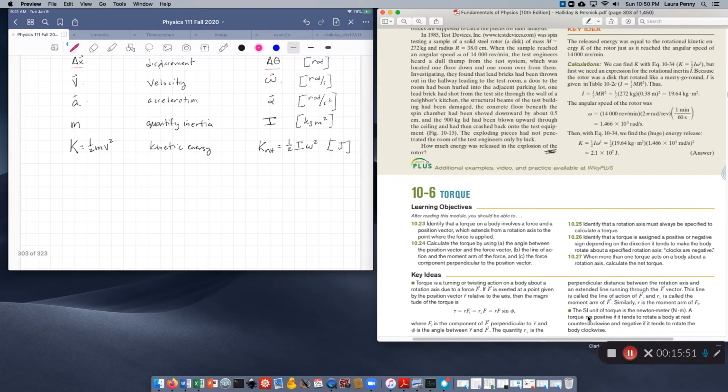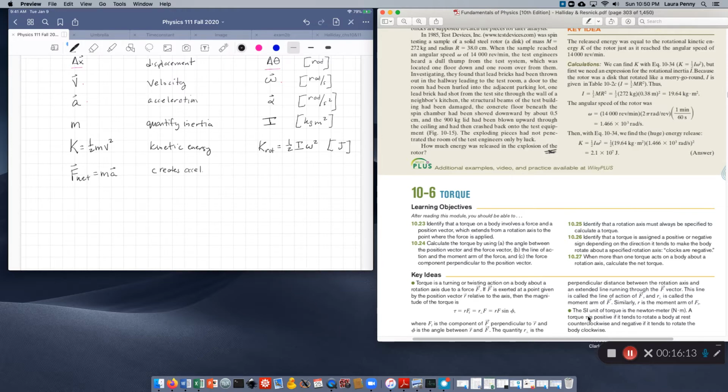I do want to add these to our collection here. So previously with translational motion, we had a net force, which was m times a, and this was what creates acceleration.